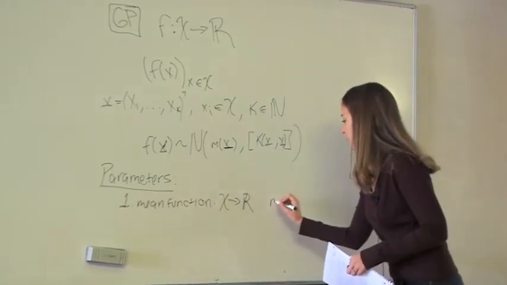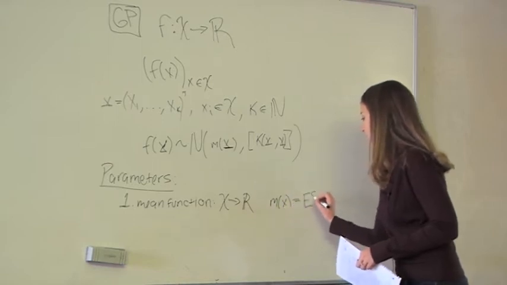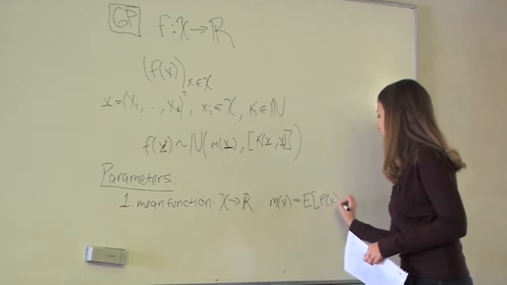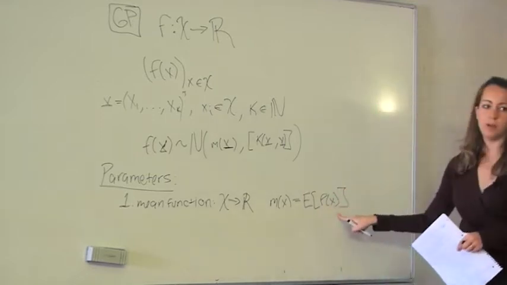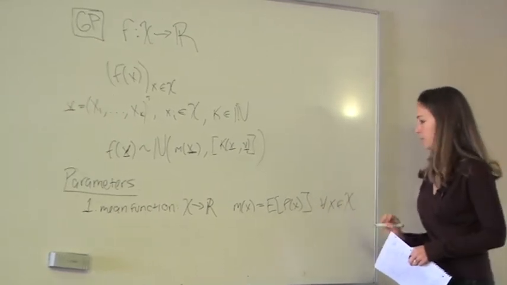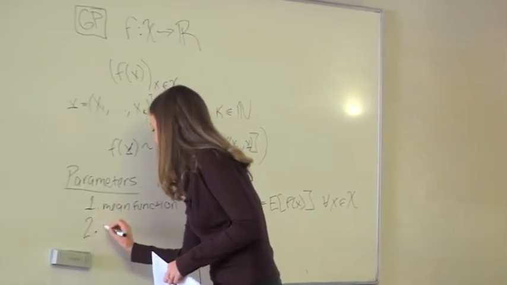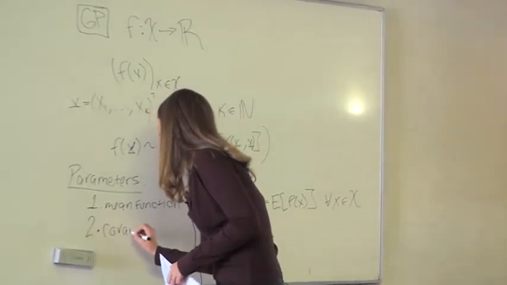The mean function is just equal to the expected value of the random variable f of x for any x in our input space. The second parameter is the covariance function.